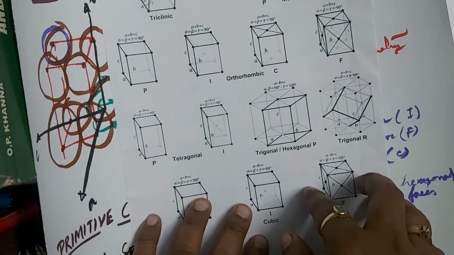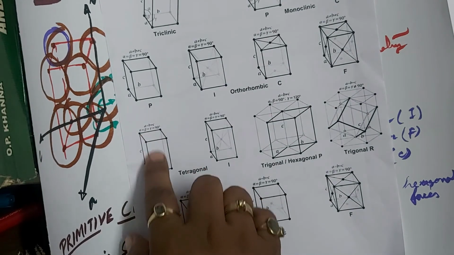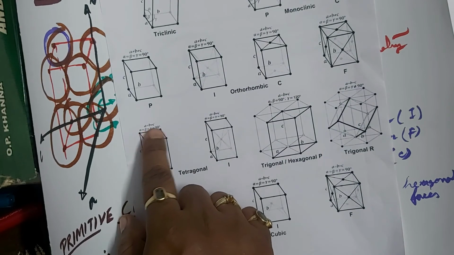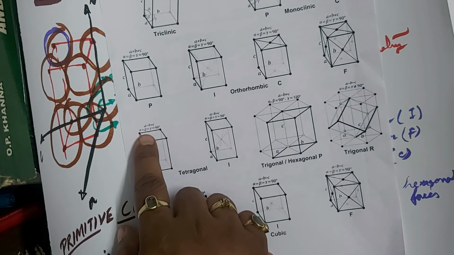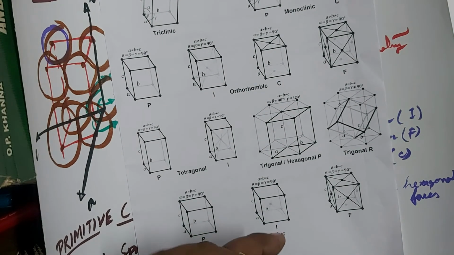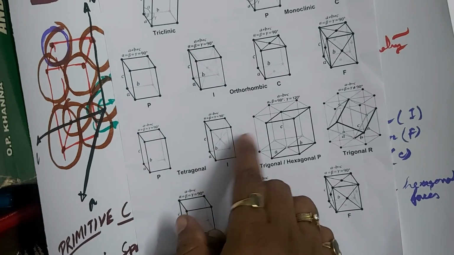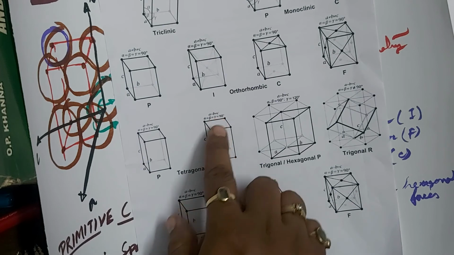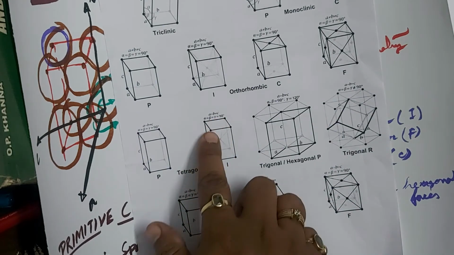So like this, here a is equal to b, not equal to c, but all the angles are equal and these are 90 degrees to each other. Here also you can find a equals b, not equal to c.